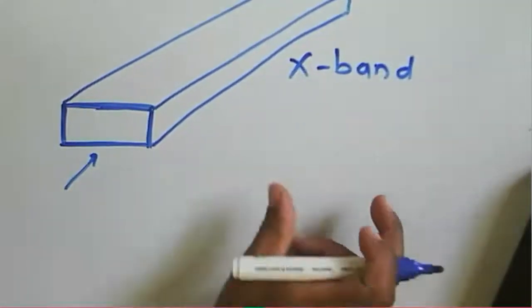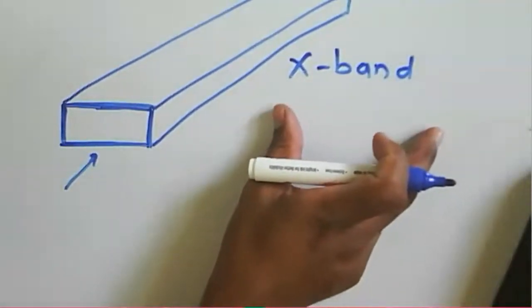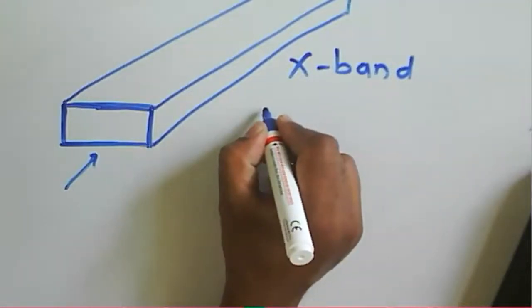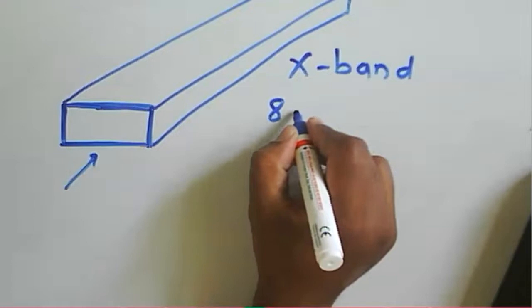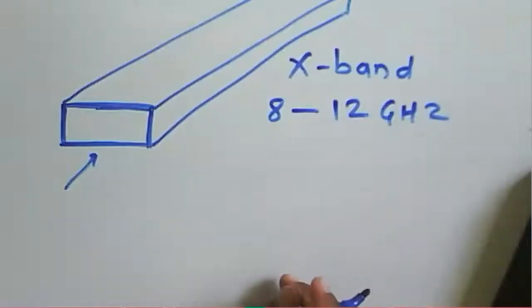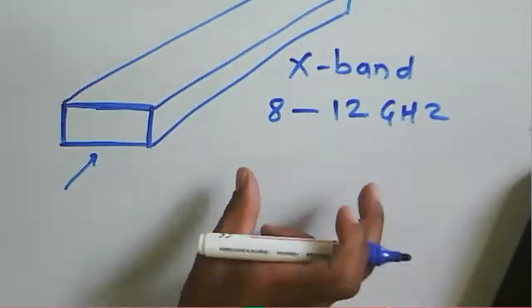So what is the range of frequency in this X band? Generally, we can say that the X band starts from 8 gigahertz to 12 gigahertz. This is the band of frequency.